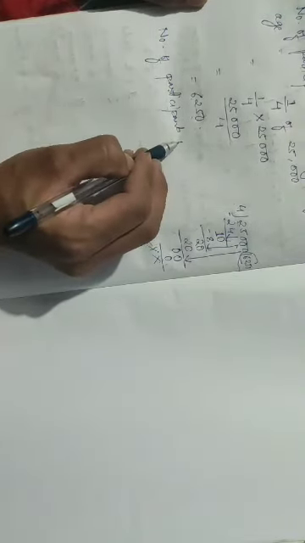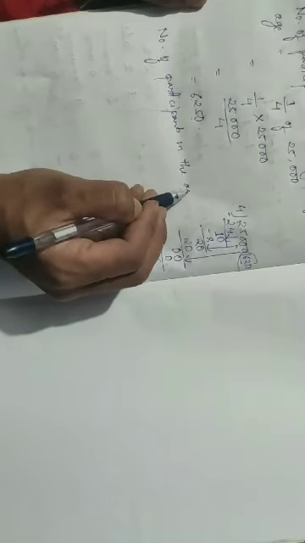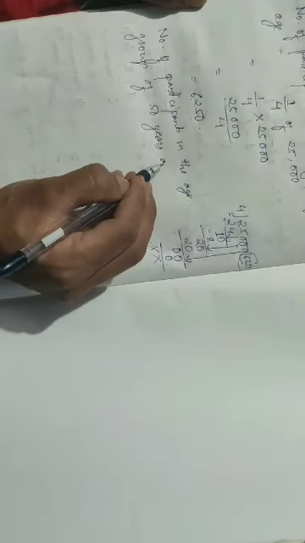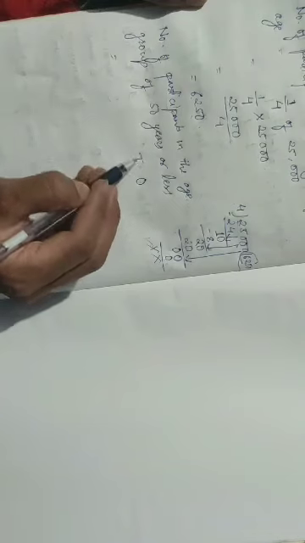Number of participants, that is already given in the question, in the age group of 50 years, means they are exactly 50 years or less than 50 years, equals, how will you get? Now you will subtract. For that you will write ones, tens, 100, 1000, 10,000.